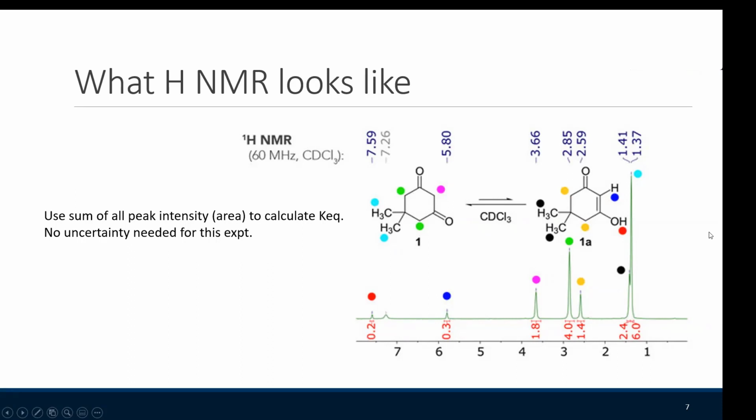The other question is, if you look at the methyl groups, look at these two peaks, light blue and the black. These two peaks are overlapping. How do you tell the area of each peak?